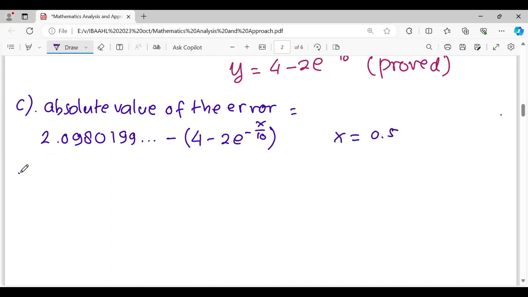So I'm going to write 2.0980199 minus (4 minus 2e to the power of minus 0.5 over 10).